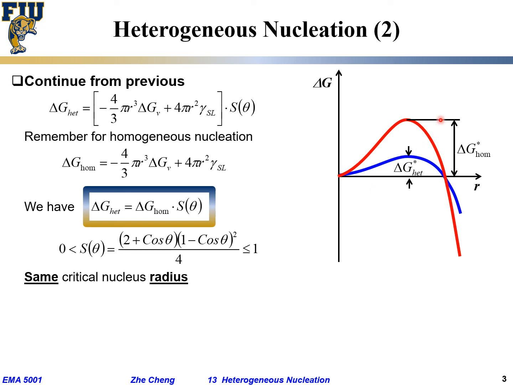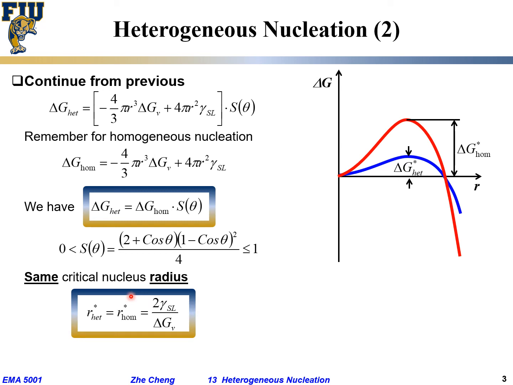Because this S of theta term does not depend on radius, only on theta, if we take the first derivative, we end up with the same nucleus size.